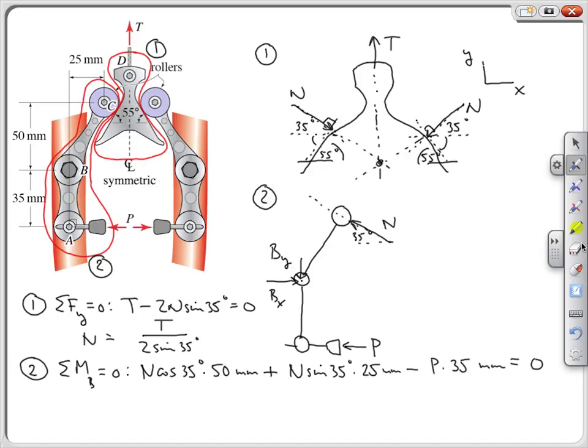So we can rearrange this for P in terms of N first, and then use our expression for N in terms of T to get our multiplier that tells us the relationship between tension T and brake pad force P. So first, from this equation, we'll pull the N out, and we end up with cosine 35 degrees times a ratio of 50 to 35 plus sine 35 degrees times a ratio of 25 to 35.